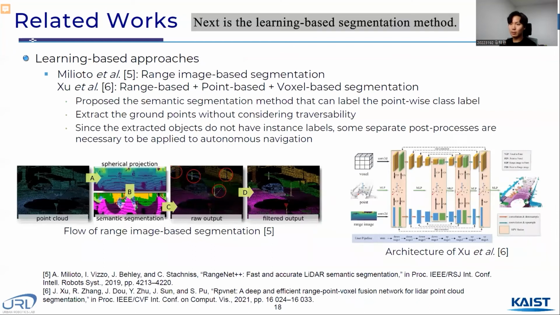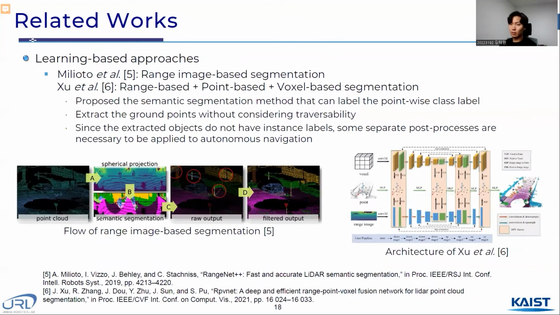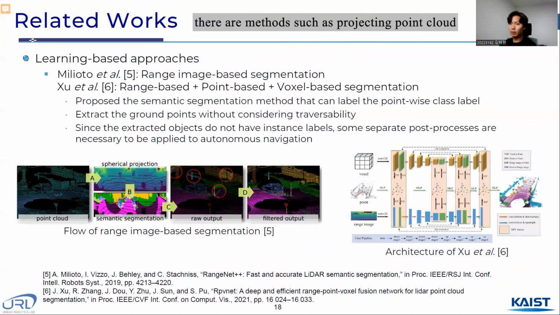Next is the learning-based segmentation method. In the learning-based method, there are methods such as projecting point clouds into a range image or converging various methods to perform semantic segmentation. However, this learning-based approach only gives a point-wise class label. And in order to actually be used for driving, it requires a clustering step of bringing points with the same labels within a certain distance together.